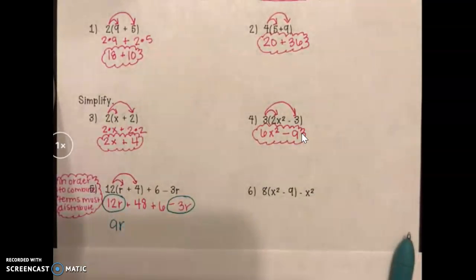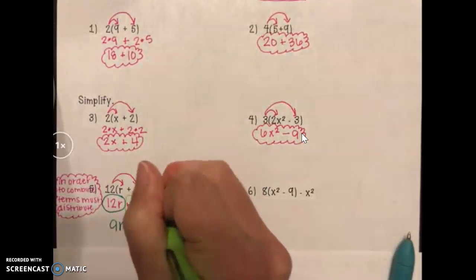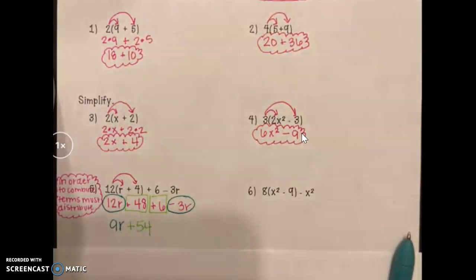Okay, and then we have our constants of 48 and 6. So 48 and 6 would give me 54.